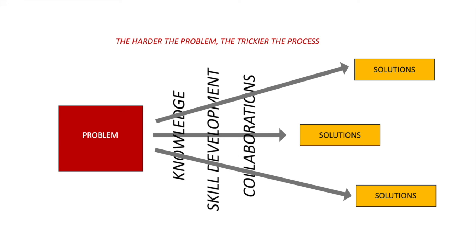Of course, the harder the problem that you give, the trickier the process of how students get to these different solutions. They have knowledge, there's some skill development, maybe they're working collaboratively here. So when we work towards synthesis and evaluations, which is the expectation of being able to come up with these solutions, various solutions happen.